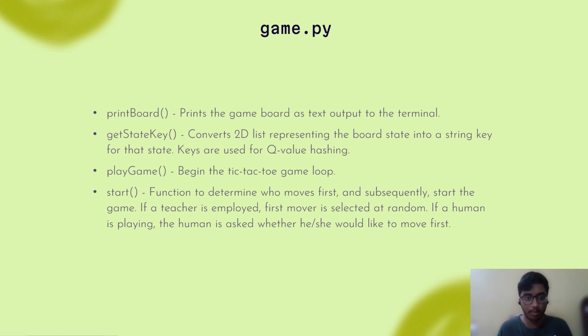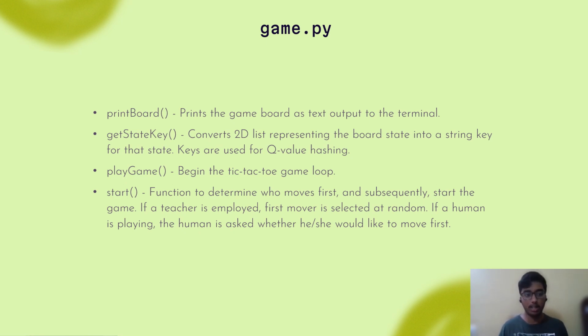Then the next is the play game function. Yes, this is one of the main functions that begins the game loop basically, and it takes an input called player first, which checks if the player is going to make the first move of the game.